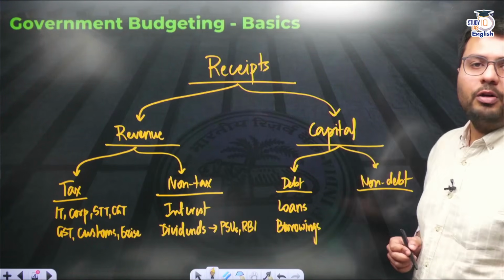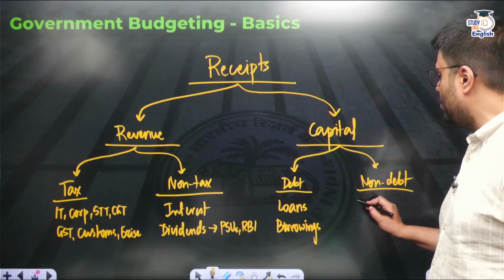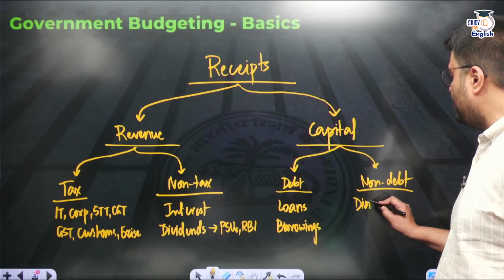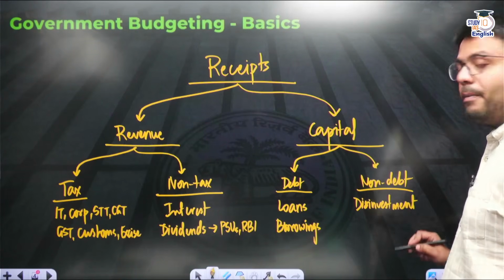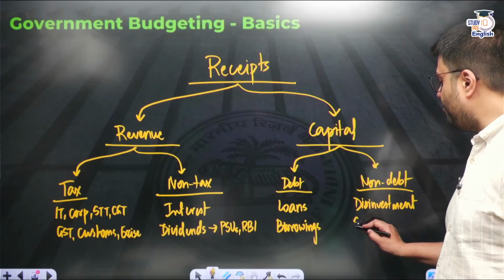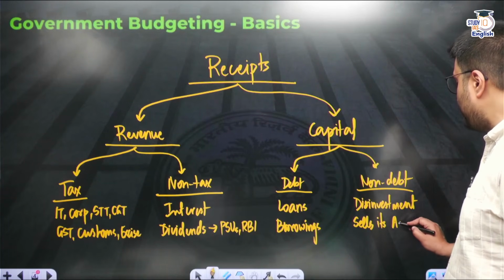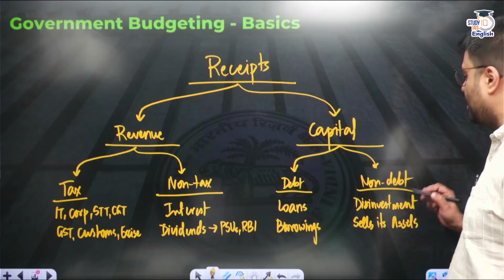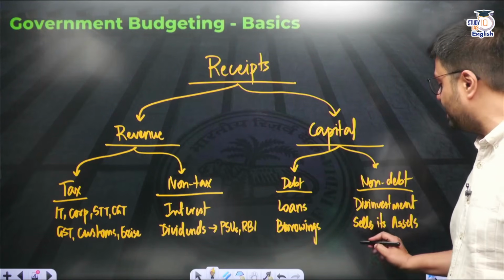On the other hand, the non-debt capital receipts of the government include disinvestment proceeds, which it gets by selling its companies, or when the government sells its assets like lands or companies like Air India, the income that the government earns are examples of non-debt-creating capital receipts.